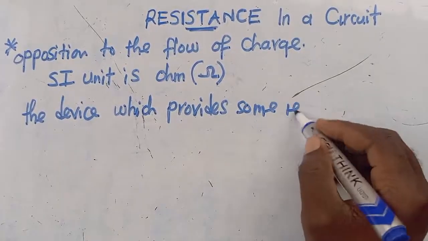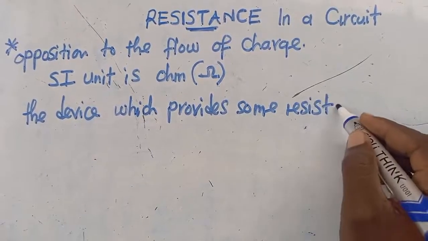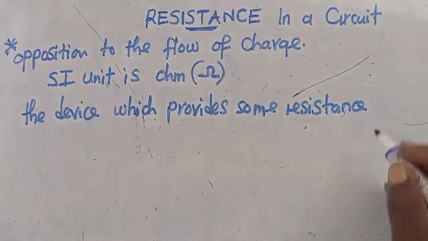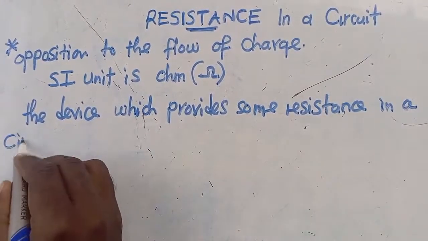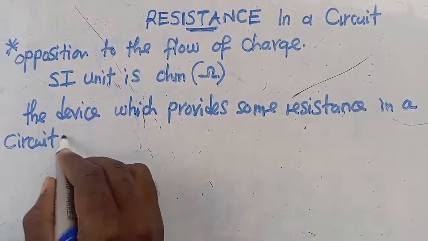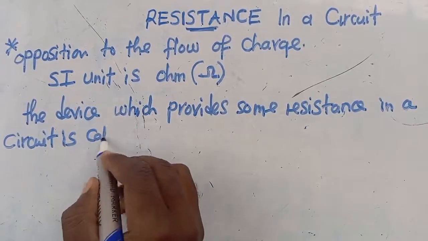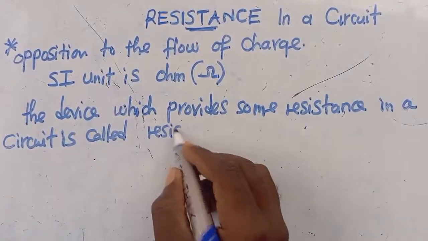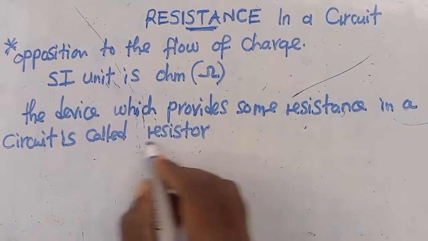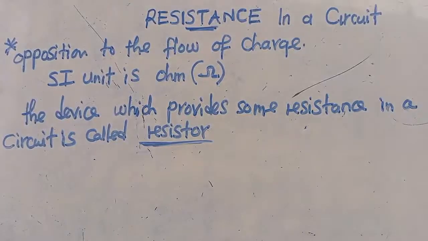A device which provides some resistance in a circuit is called a resistor. So a resistor is a device that provides some resistance in a circuit.